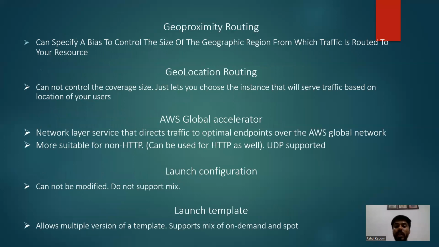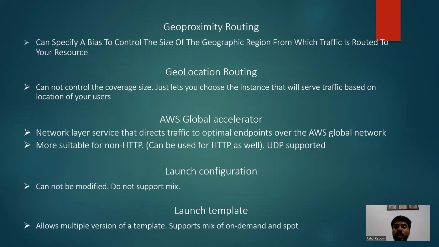Then we have routing services. Like first two services I have mentioned, geoproximity and geolocation. Both seem to be similar, but दोनों में difference है. क्या है? In geoproximity you can specify a bias to control the size of the geographic region. For example, in Europe, there are so many countries which speak their regional language, for example Spain, Germany, France, and there are some English speaking countries as well.